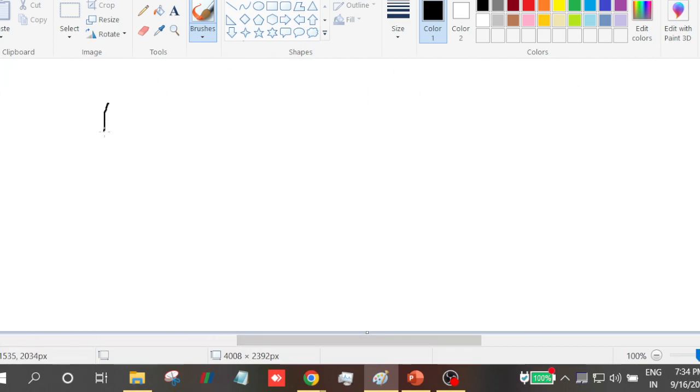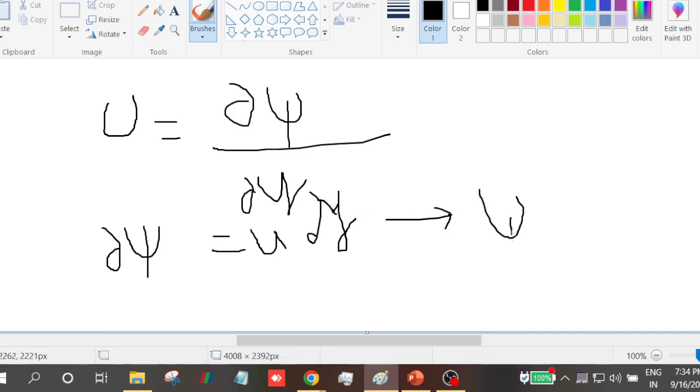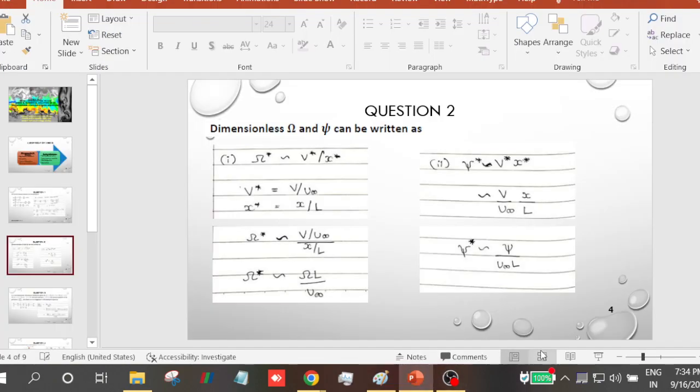You have u equal to d psi by dy, right? So basically you can write d psi equal to u into dy. If we take the dimensions into account, psi star will correspond to v star, the velocity, into the length, x star. That is why I have written that particular equation.